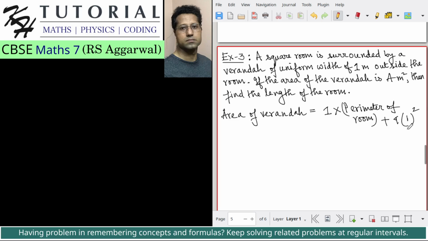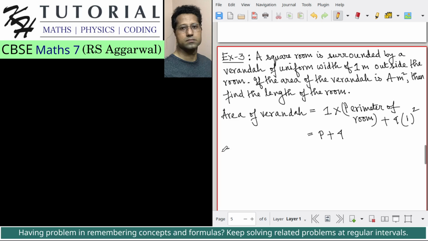Let the perimeter of the room be p. So this is equal to p plus 4.